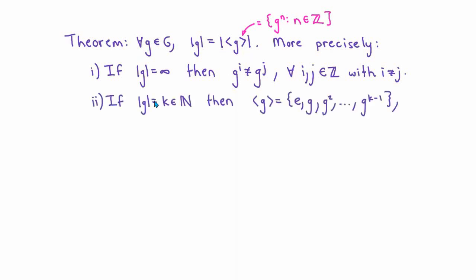Now secondly, in the case when g has finite order k, then I'd like to prove that the cyclic subgroup generated by g is precisely the set of distinct elements identity, g, g squared, up to g to the k minus 1. And to make this even more precise, I'm going to add here the statement that in this second case, g to the i is equal to g to the j for integers i and j, if and only if i and j are equal modulo k.